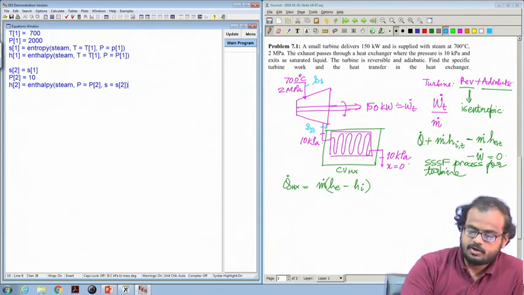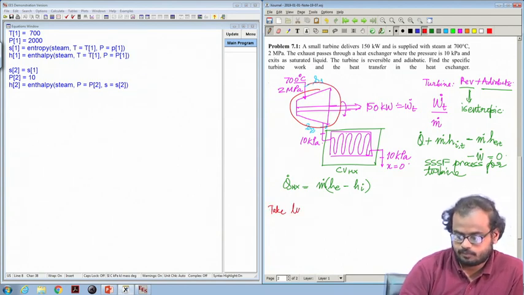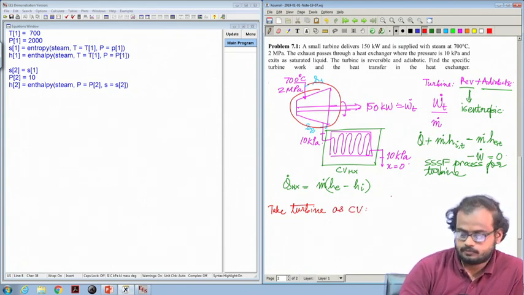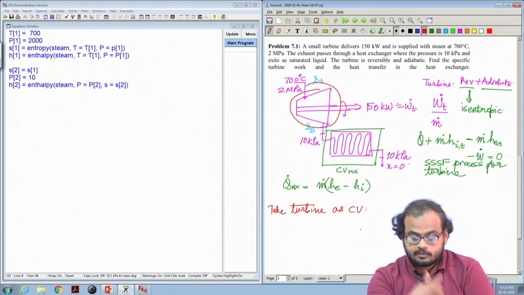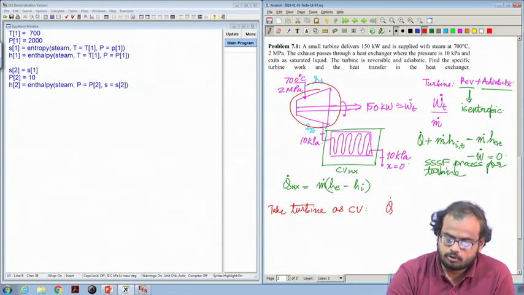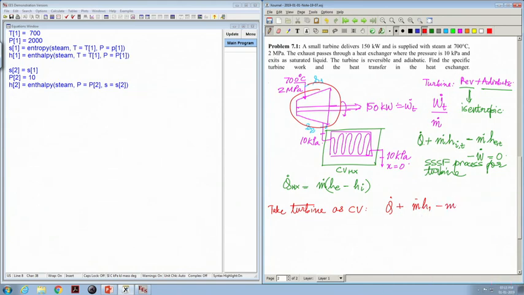And so, if I take the turbine as the control volume, for an ideal turbine there is no heat exchange from the turbine. So, Q dot plus m dot H1 minus m dot H2 minus W dot is equal to 0, where Q dot is 0.